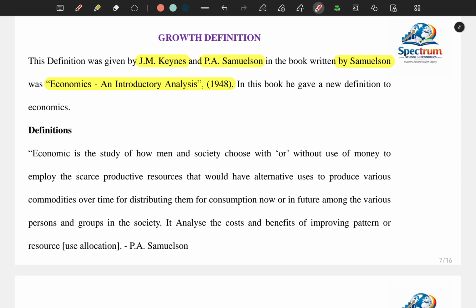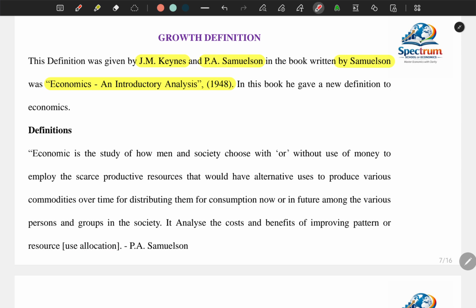It tells that economics is the study of how men and society choose, with or without the use of money, to employ scarce productive resources that would have alternative uses to produce various commodities over time and distribute them for consumption now or in future among various persons and groups in a society. It also analyzes the costs and benefits of improving patterns of resource allocation.